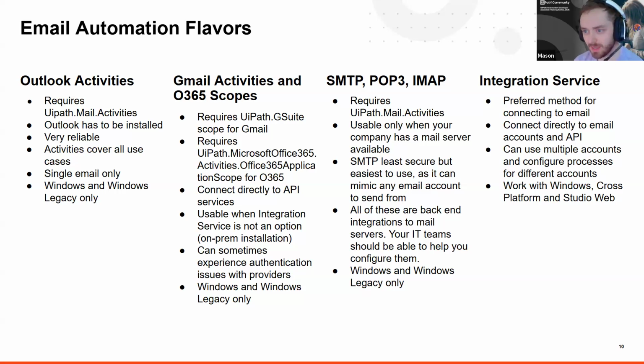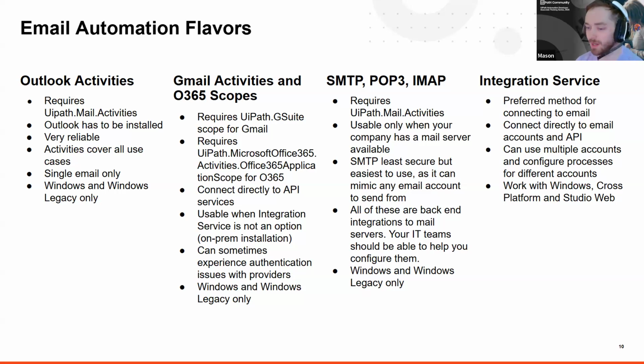And then some of our integrations that aren't integration service, those are your G Suite, Gmail activities, and your O365 scopes. These ones come in as scopes in UiPath, and you can find them under UiPath.GSuite. If you type that in, you'll find that one. And then for O365, it's UiPath.MicrosoftOffice365. These connect directly to API services. This is usable when integration service is not an option.